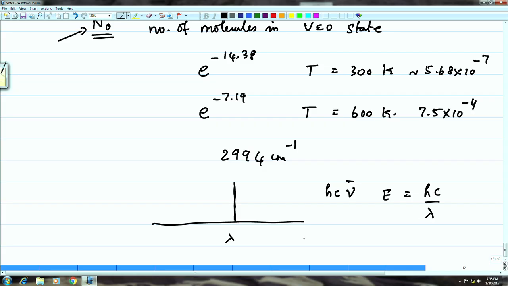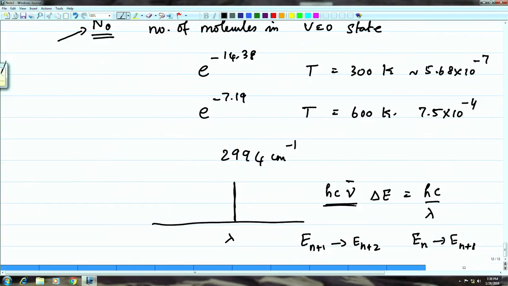It is the same thing whether the delta E you talk about is from n plus 1 to n plus 2 or n to n plus 1. All these vibrational transitions happen at the same energy of absorption corresponding to the wavelength lambda given by this h c nu bar or h c by lambda. Therefore, there is no spectrum for a diatomic molecule in the harmonic oscillator approximation.